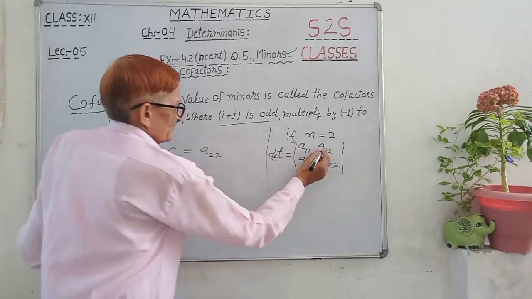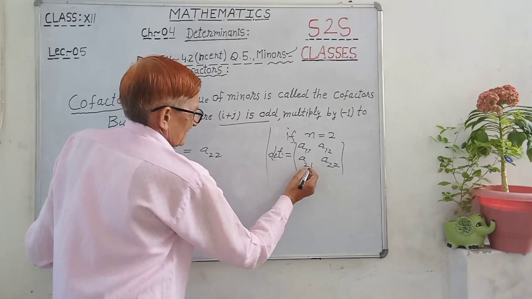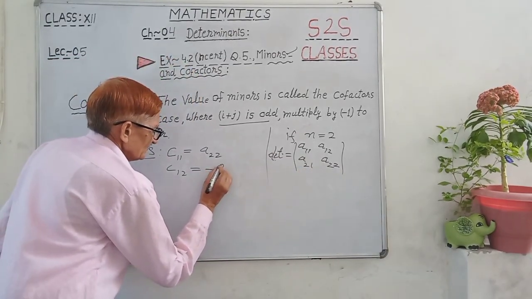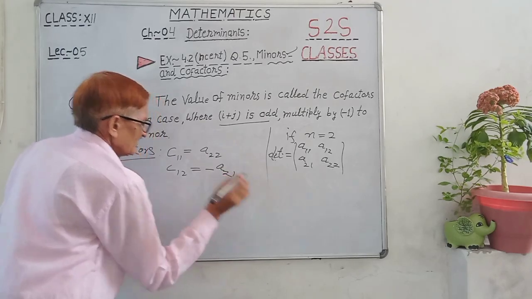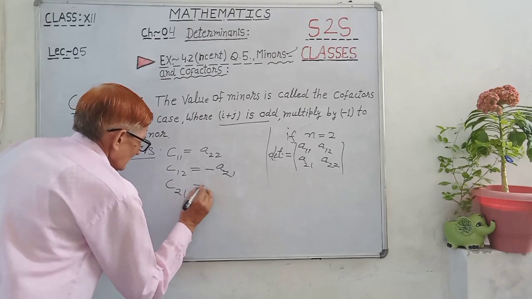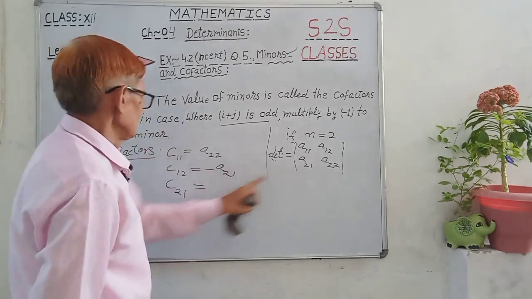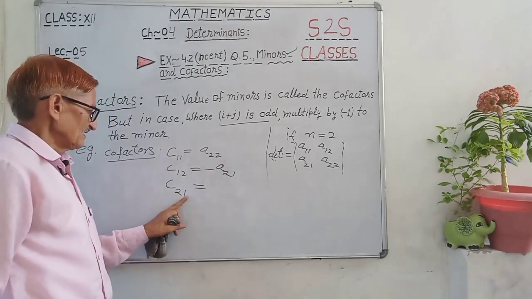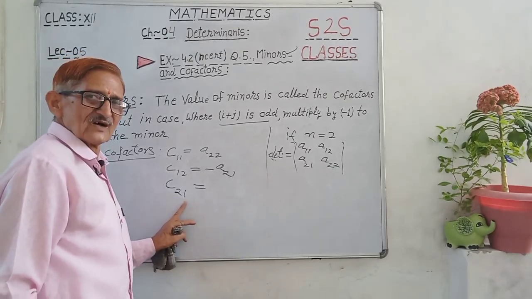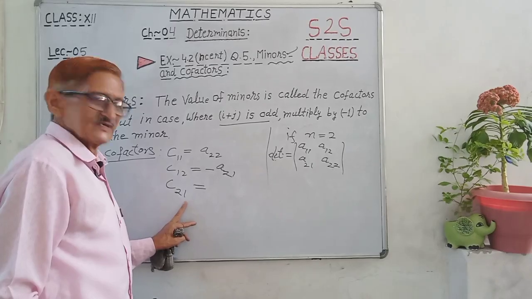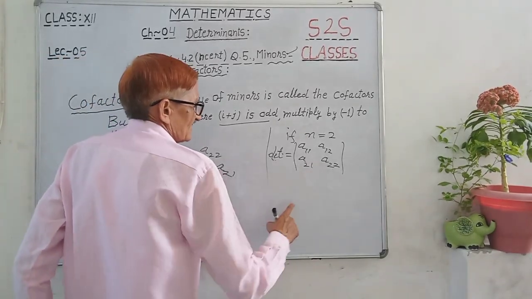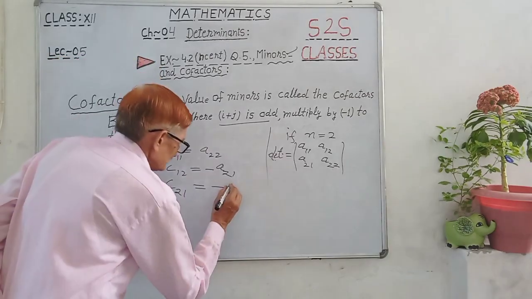Cancel the row and column, the minor is A21, so it is minus A21. Then the cofactor of A21, C21: the sum is again odd, so multiply the minor by minus, and the minor is A12.